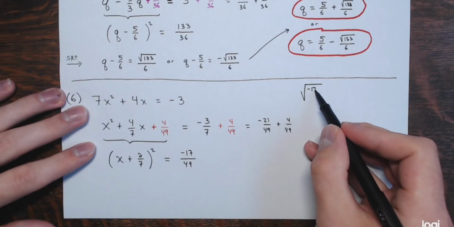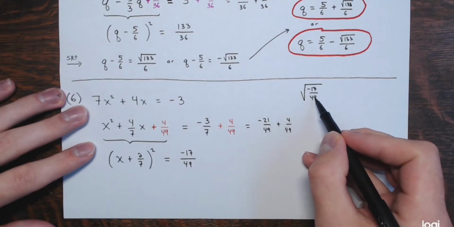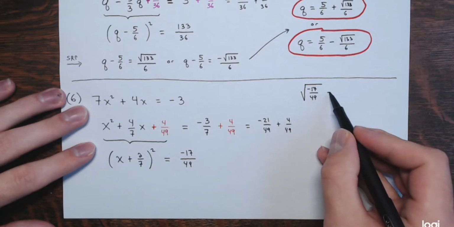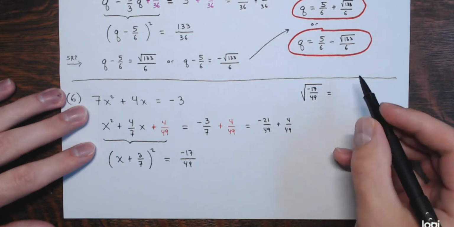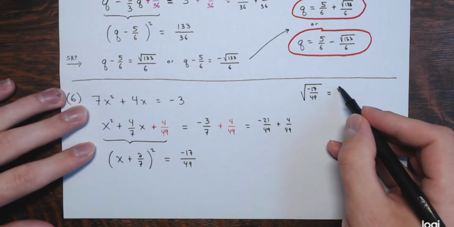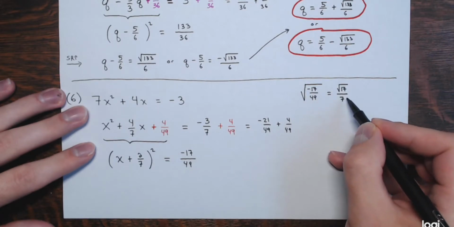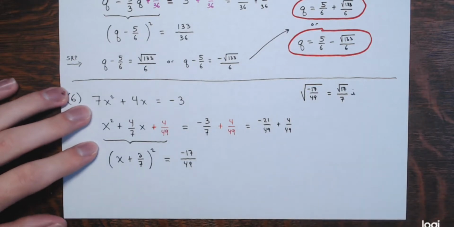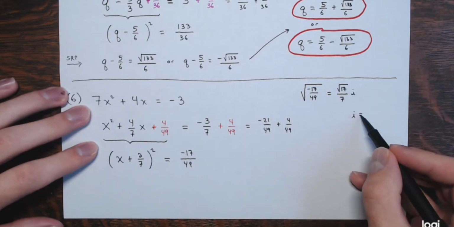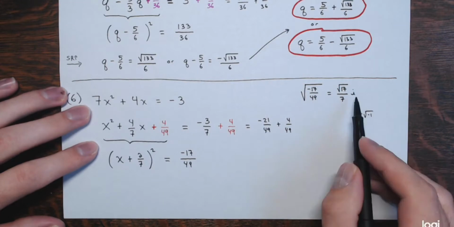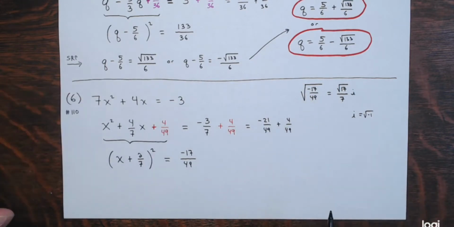Remember, the square root of a negative number, we're going to always rewrite as an imaginary. This would be the square root of positive 17/49, so it should be the square root of 17 over 7 times i. Right, don't forget the i, right? i is the square root of -1. This appears whenever you're taking the square root of a negative number. You should automatically think about writing it that way.